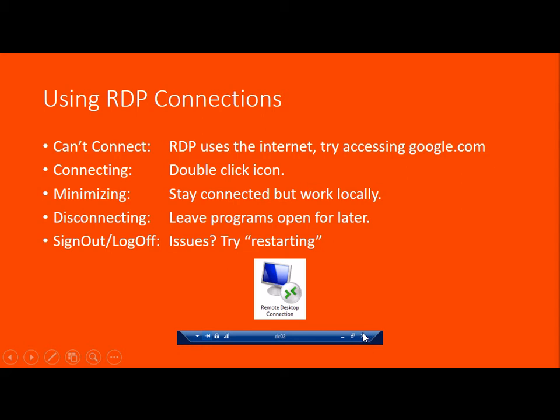If you are having issues with your connection, these can be resolved sometimes by signing out or logging off from inside the connection, and I'll demonstrate that now. Here is a session that I'm already logged into.